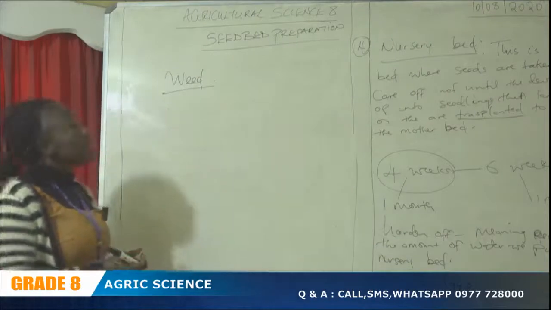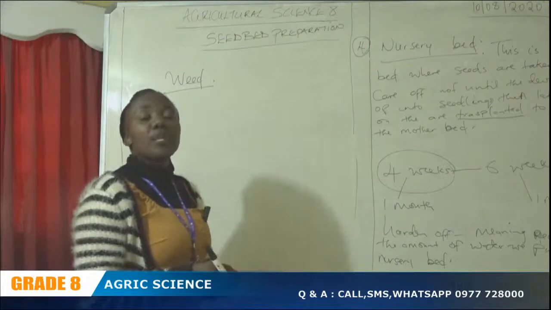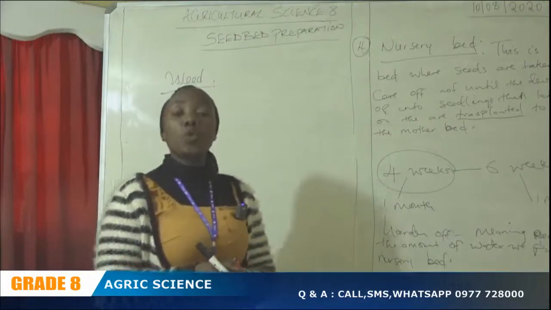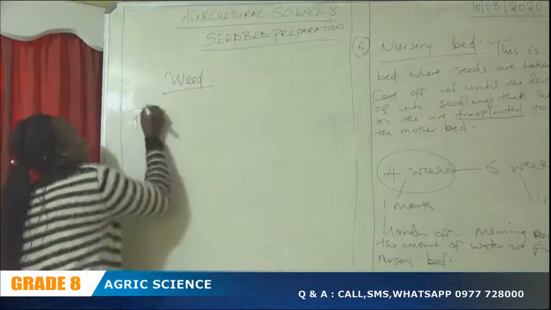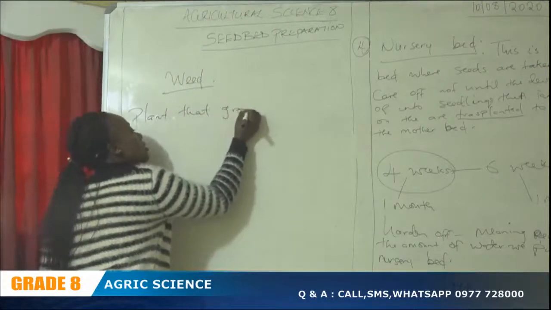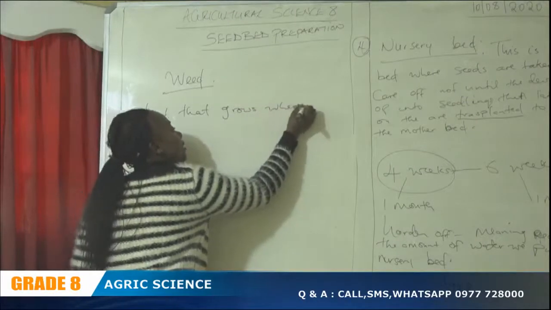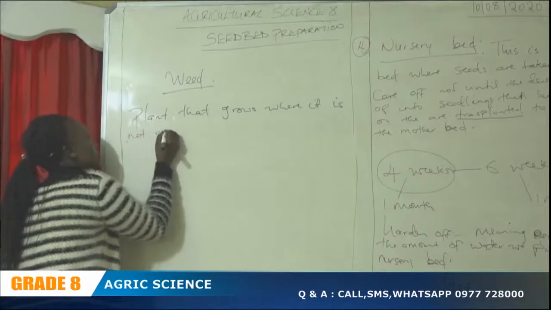Okay, so a weed is a plant that grows where it is not needed. So I'm saying a weed is a plant that grows where it is not needed.